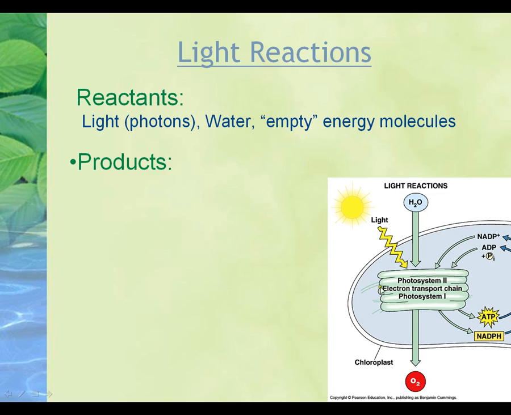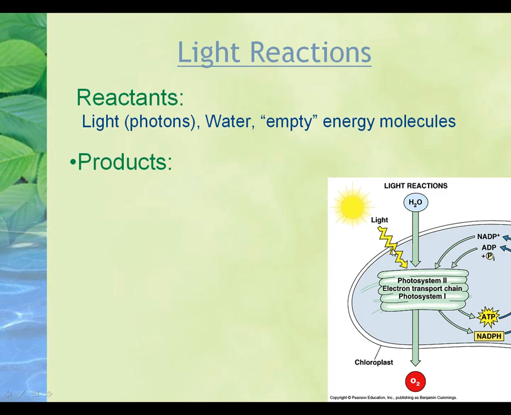Here's the stacks of thylakoids in our diagram. They're colored white here, but they should probably be green. And the light comes in, strikes the chlorophyll, the green pigment, and a reaction happens with water.